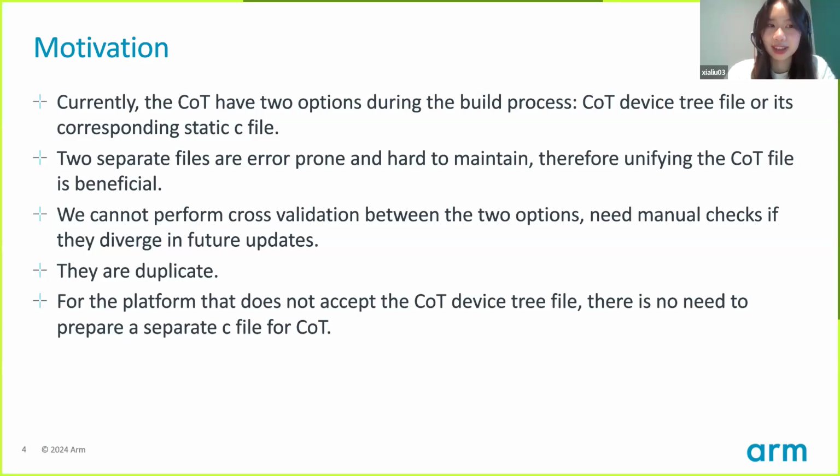So unifying them would be beneficial. Also, we cannot perform cross validation between the two options, so if there are future updates, we need to manually check if they diverge. They're basically duplicates, and duplication in software makes the software hard to maintain in general.